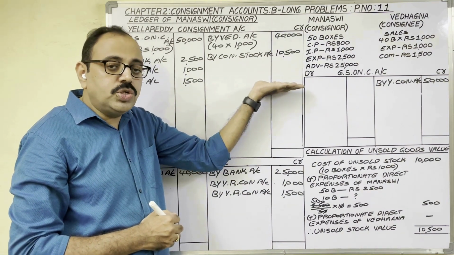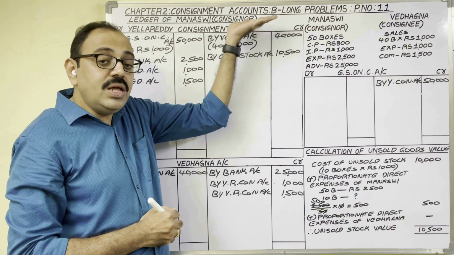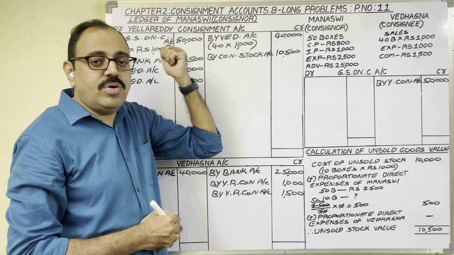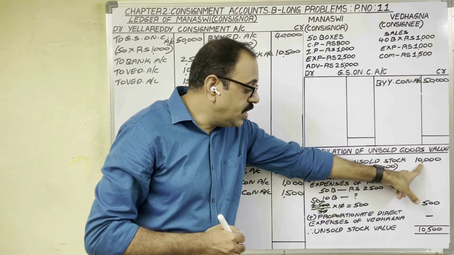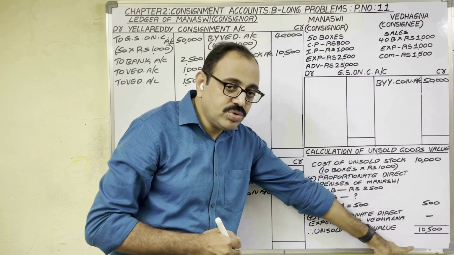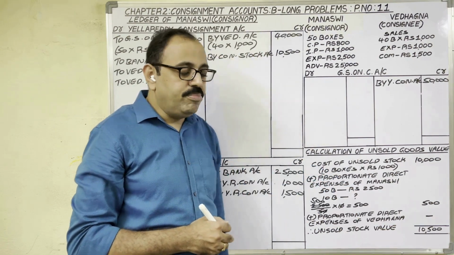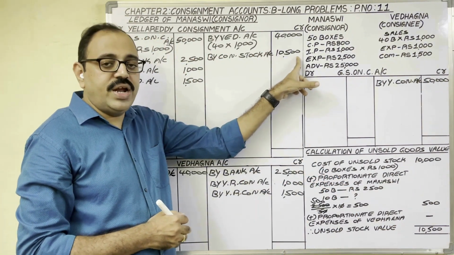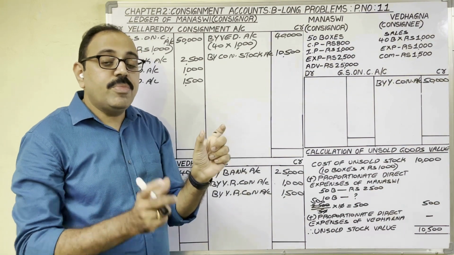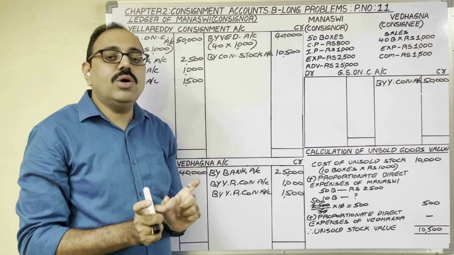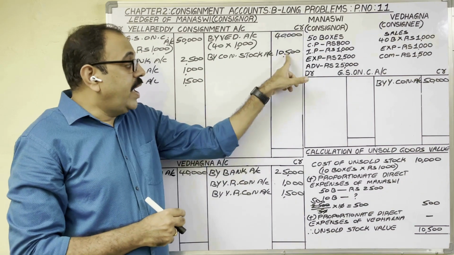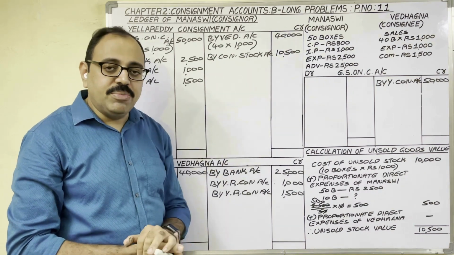So income also we are exceeding by some amount. How much? 8,000 plus 500, 8,500 is the correct amount. But we have recorded 10,500. So 10,500 minus 8,500, 2,000 rupees excess income we are showing in the consignment account.